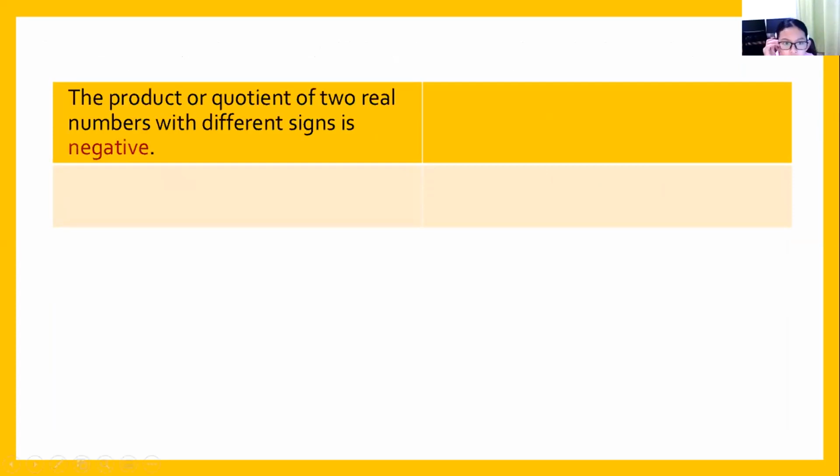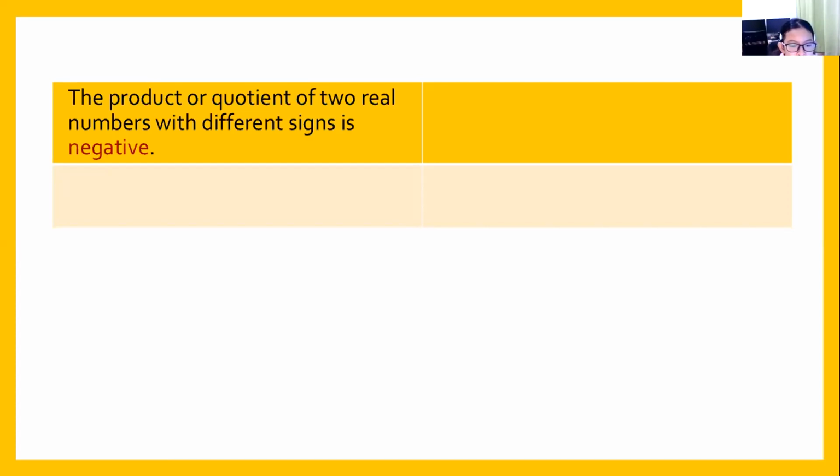Now let's have this one. Okay. Let's try to understand carefully. All right. Can you read, Crystal, the first one? The product or the quotient of two real numbers with different sign is negative. Do you understand? The product is the result when you multiply two numbers or more.